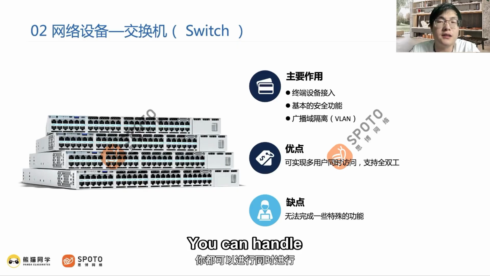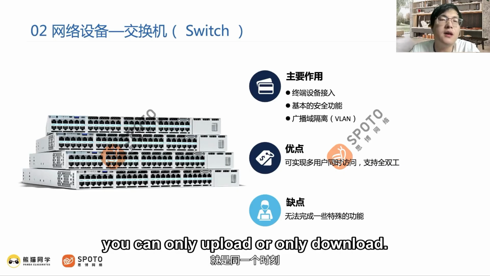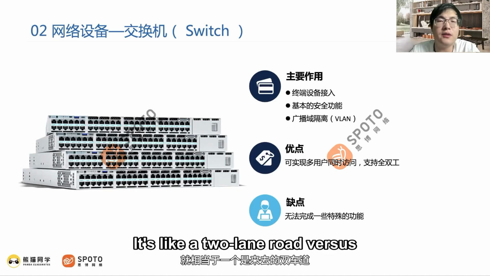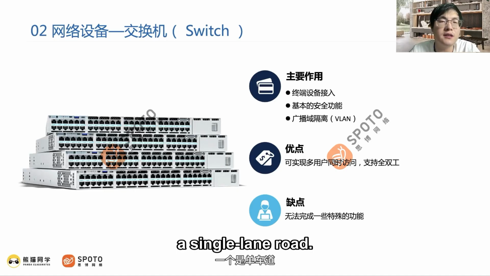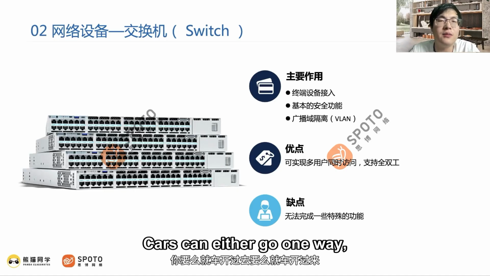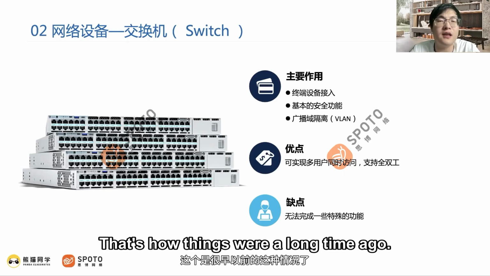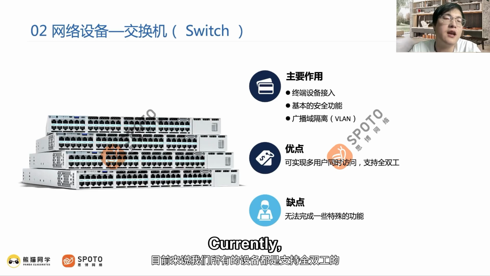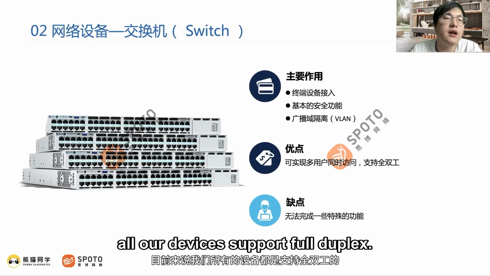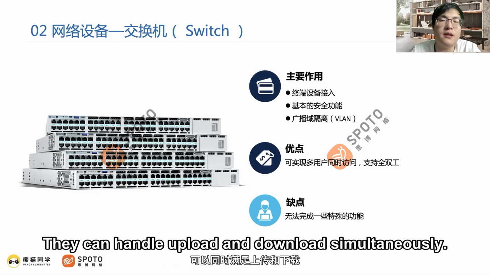With half duplex, at the same moment, you can only upload or only download. It's like a two-lane road versus a single-lane road. Cars can either go one way or come the other way. That's half duplex. That's how things were a long time ago. Currently, all our devices support full duplex, handling upload and download simultaneously.